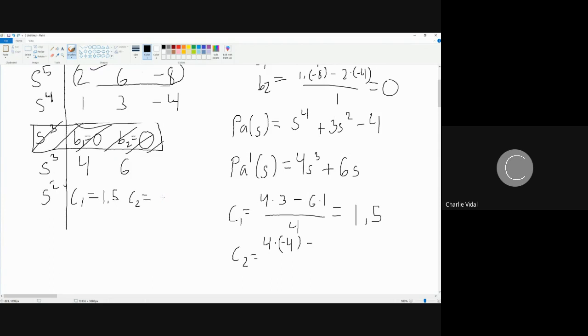You do 4 times -4, and then you're going to do 0 times 1, and that's going to give you a value of 0. And this is going to be over 4. This is equal to 4 times -4 divided by 4. And you could just cancel these terms out, which gives you -4.